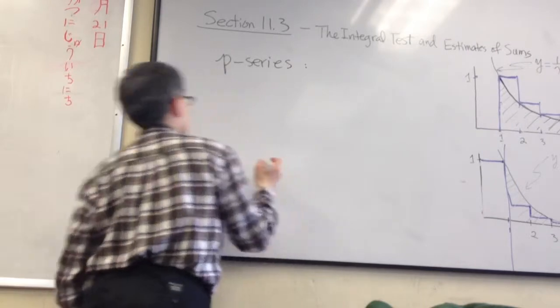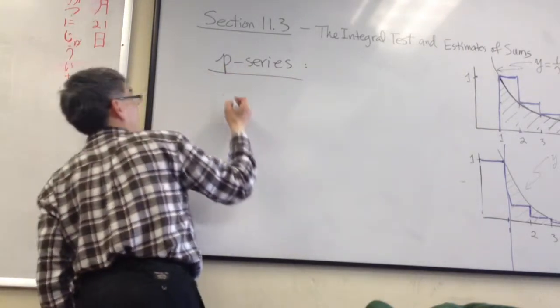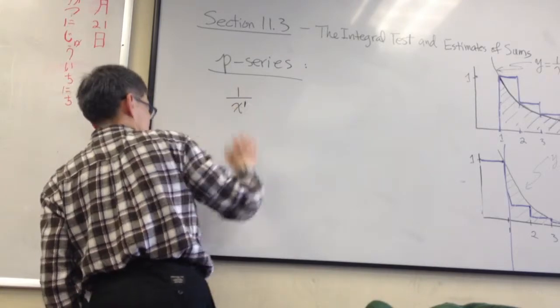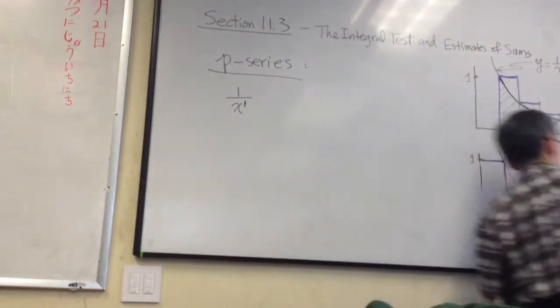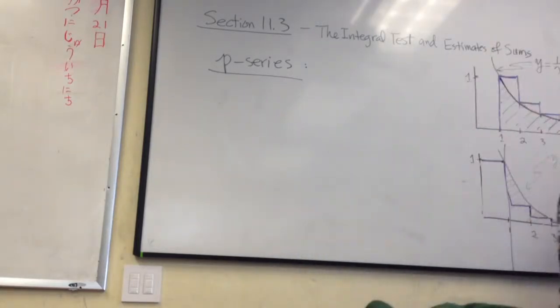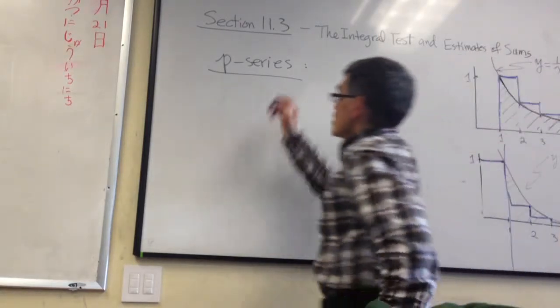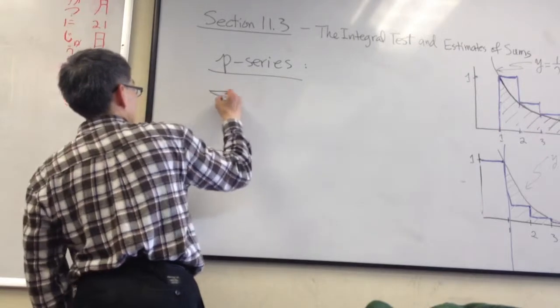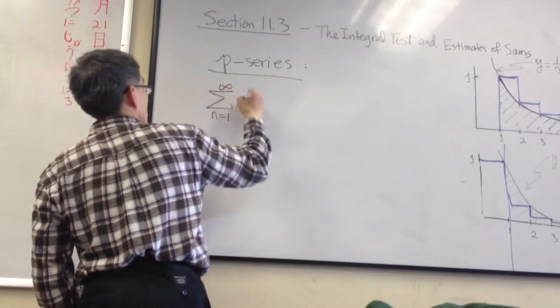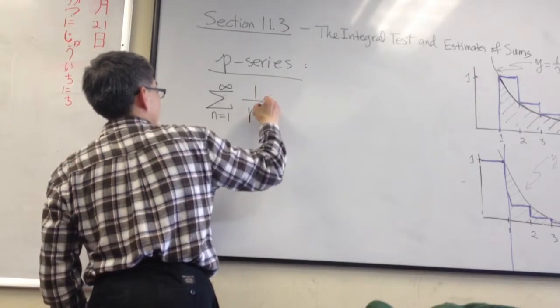P series means this. So 1 over 1 to the p-th power, if you use sigma notation, it goes like this. n goes from 1 to infinity, 1 over n to the p-th power.